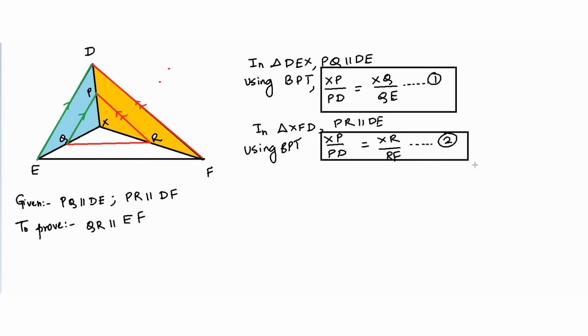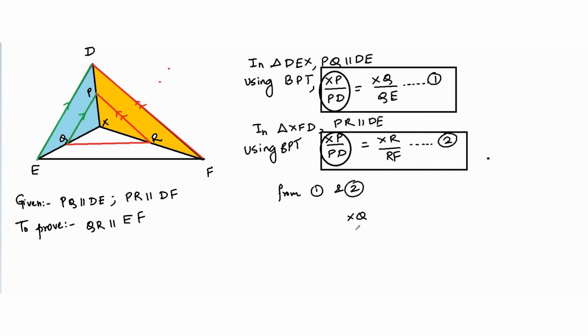And now if that's the case, then I again notice that I have two equal quantities. I have XP upon PD in both the equations. So I can say that since both the equations have XP upon PD, from 1 and 2, I can say that XQ upon QE is equal to XR upon RF, right?